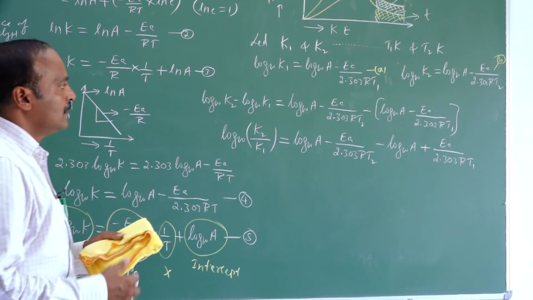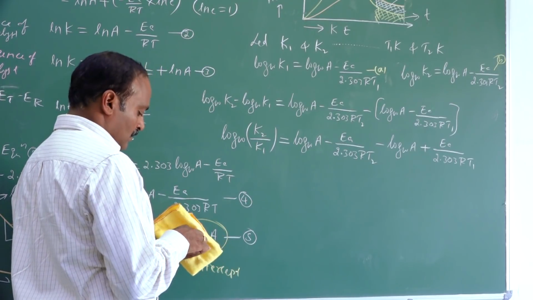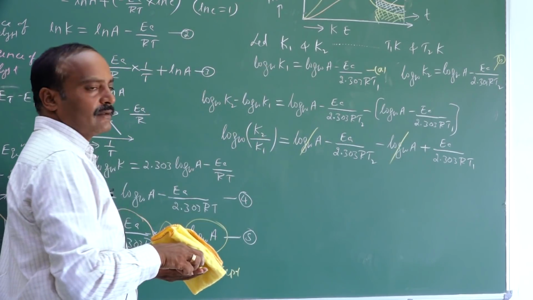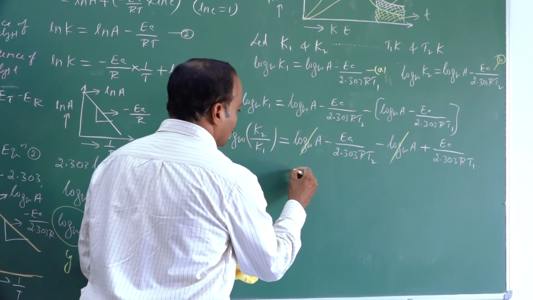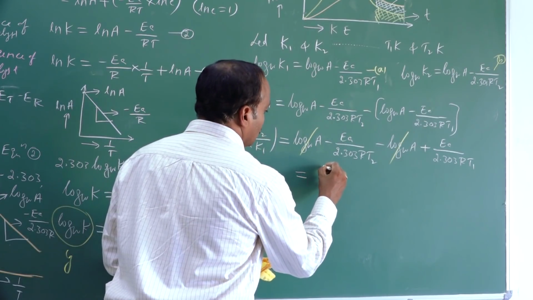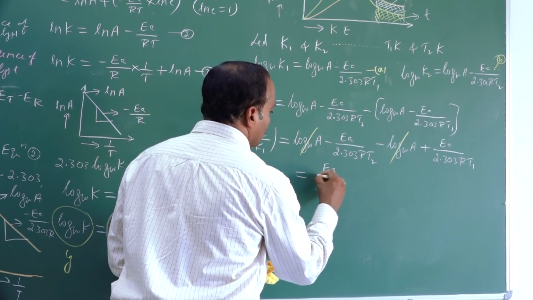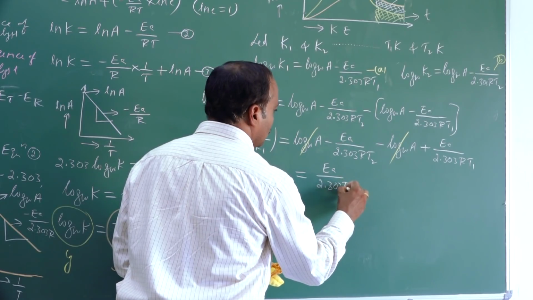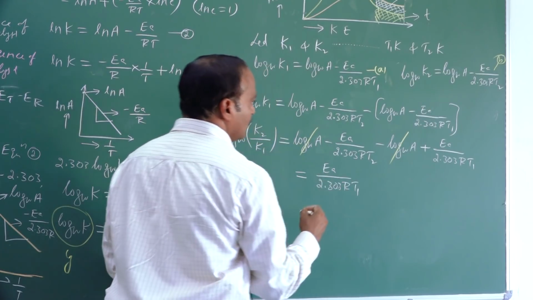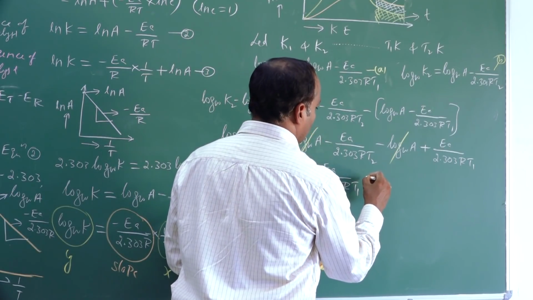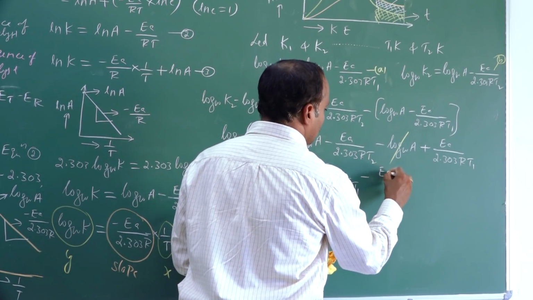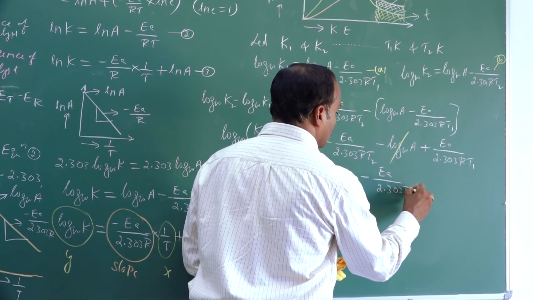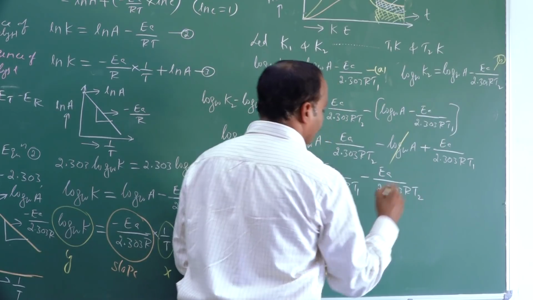Then log base 10 A and log base 10 A get cancelled. Then we get Ea divided by 2.303 R T1 minus Ea divided by 2.303 R T2.